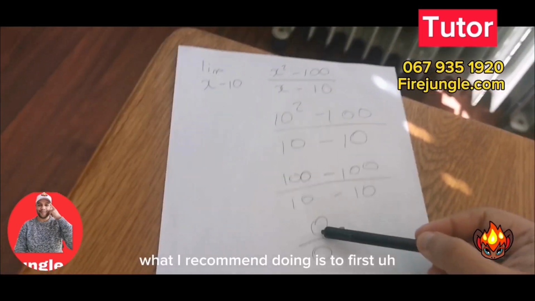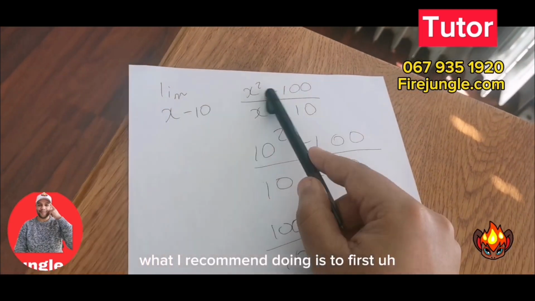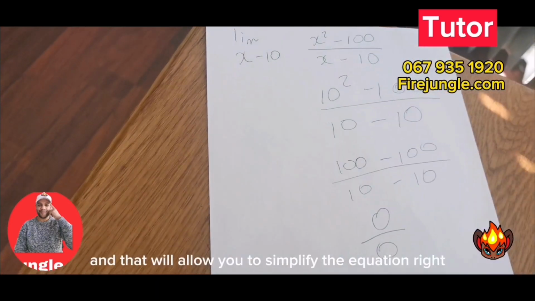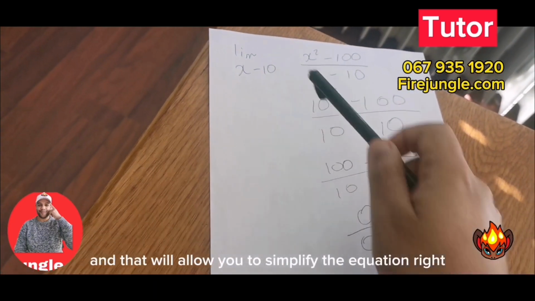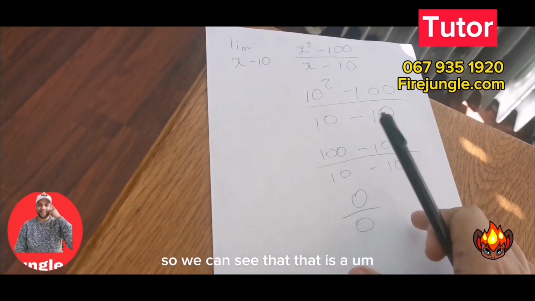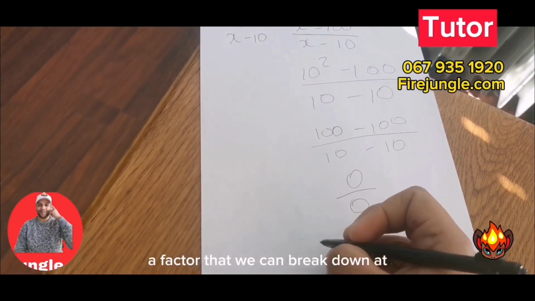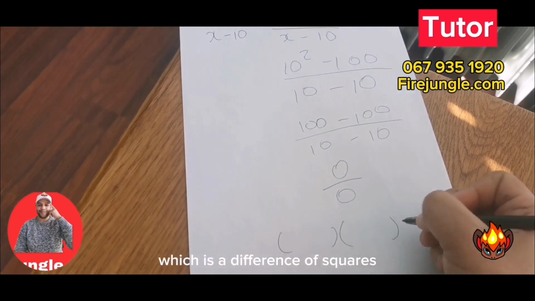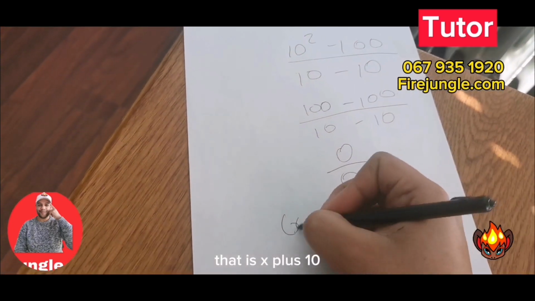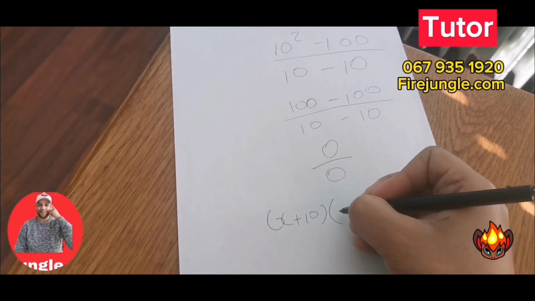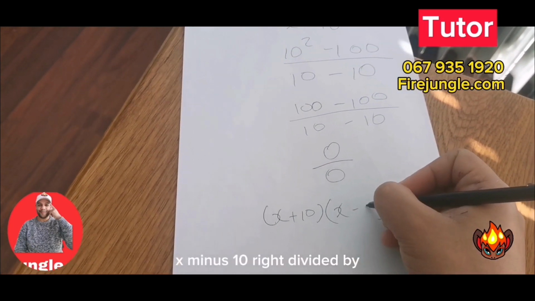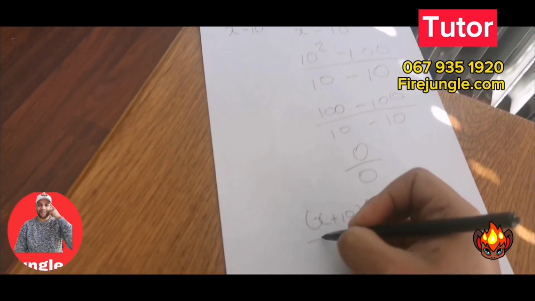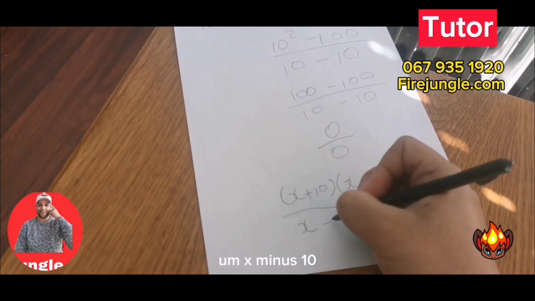So what I recommend doing is to first simplify the equation. First break it down into the factors, and that will allow you to simplify the equation, right? So we can see that x squared minus 100 is a factor that we can break down, which is the difference of squares, and that is (x plus 10)(x minus 10), right, divided by (x minus 10).